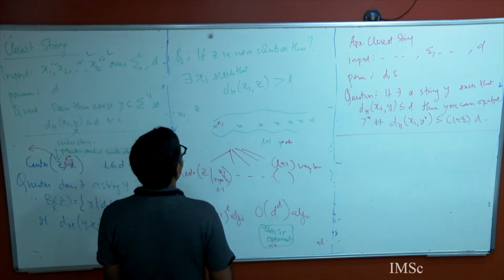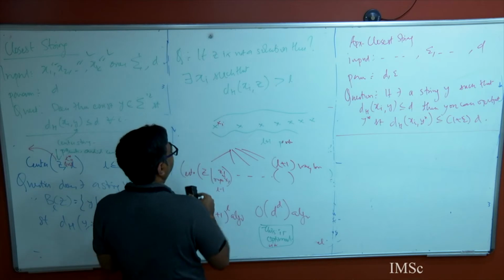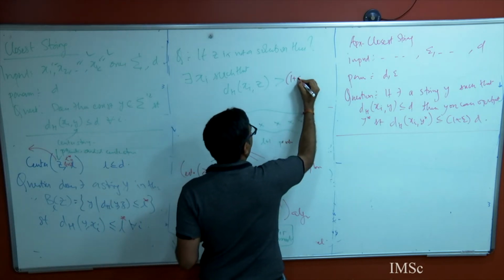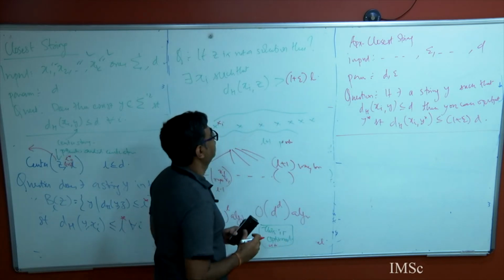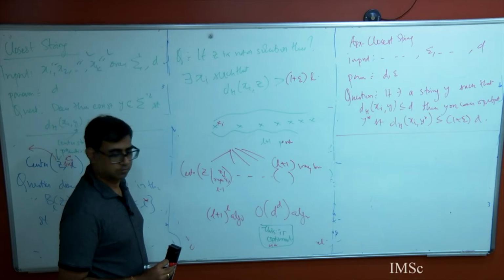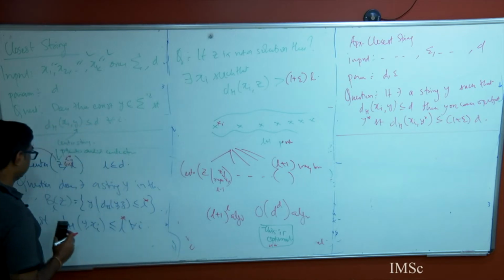Okay, fine. Why then, what can I say? There exists a xi in Z which is more than 1 plus epsilon times L. Agreed? Here I have to say something.